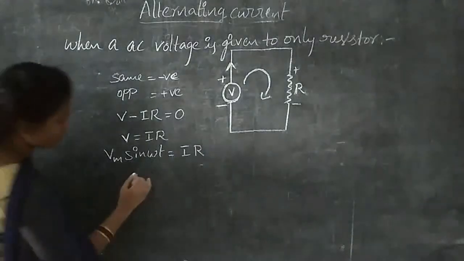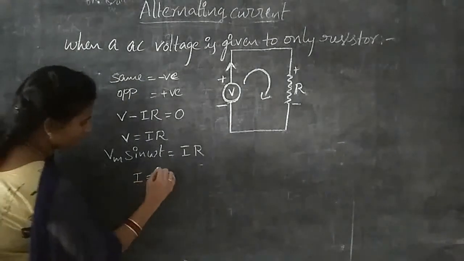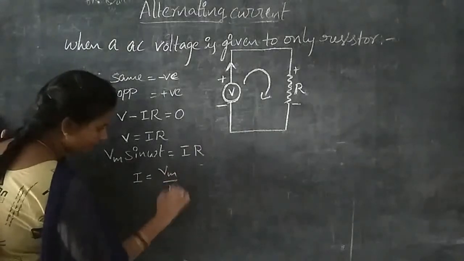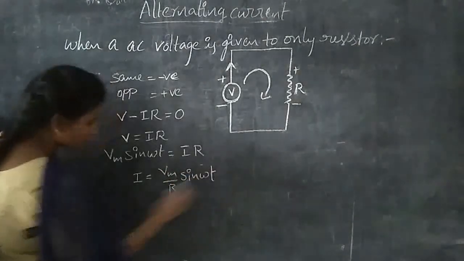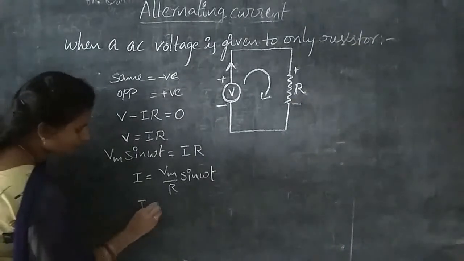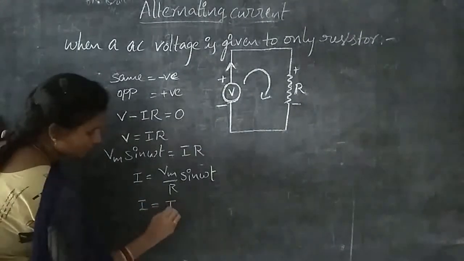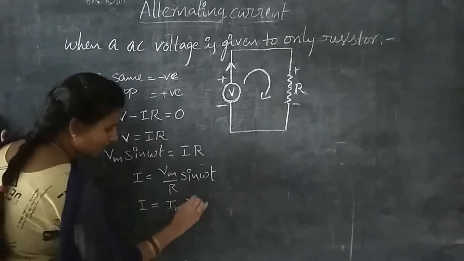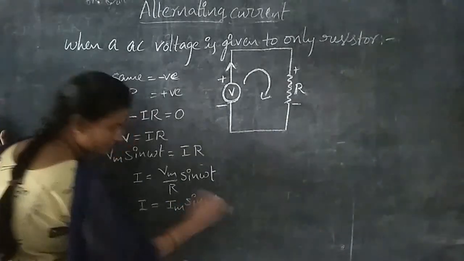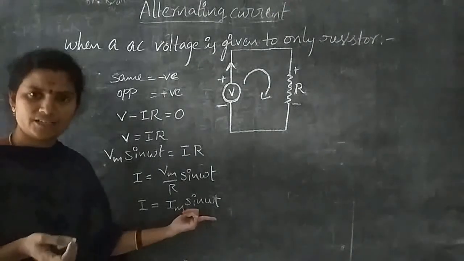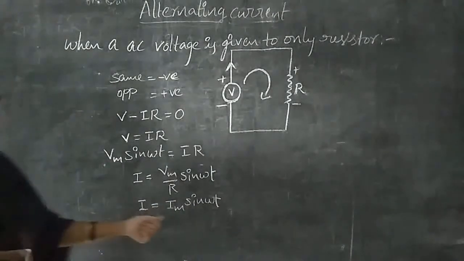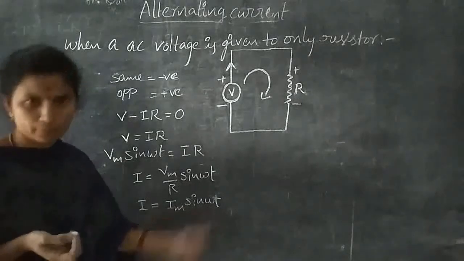From this, what is the current? I is equal to Vm by R sin omega t. Vm by R is nothing but the maximum current Im, so I is equal to Im sin omega t.